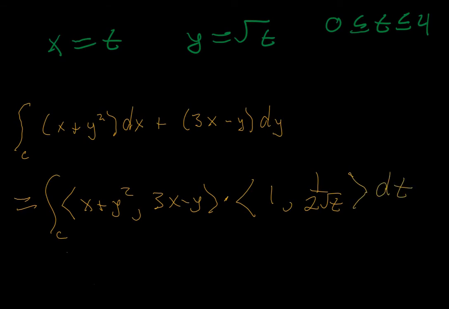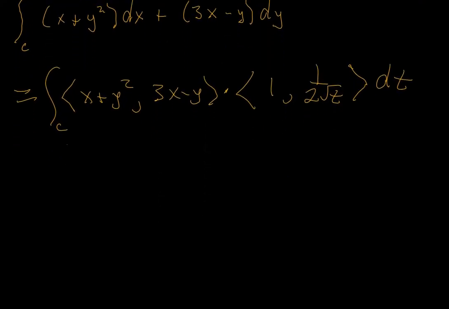We've proven this through previous work, that this differential form is equivalent to the dot product form we've just written. We also can now plug in what x and y are equal to, and the limits of integration from 0 to 4.